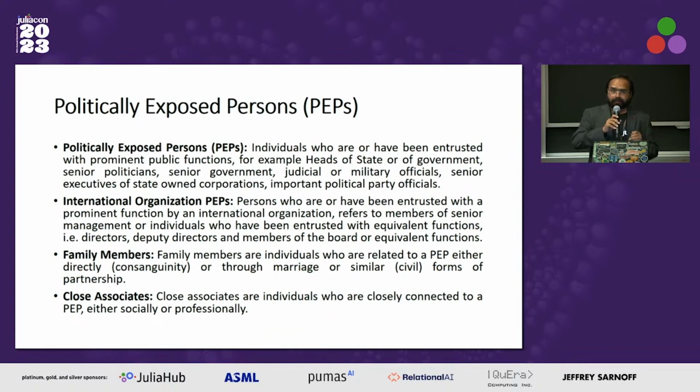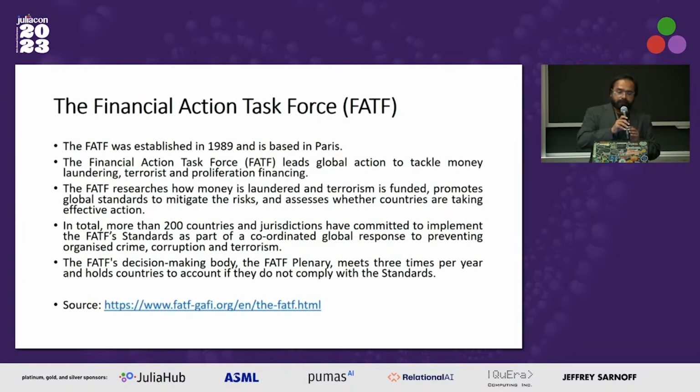These are the persons who are having eminent positions in the government, maybe who are part of the assembly and so on, who are ministers of the government, and their close relatives. There is a Financial Action Task Force which was formed in 1989 and is based in Paris, which is basically trying to address the issue of money laundering, and many countries are part of it.